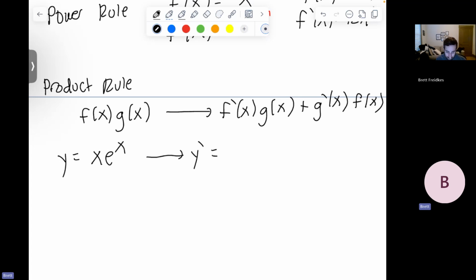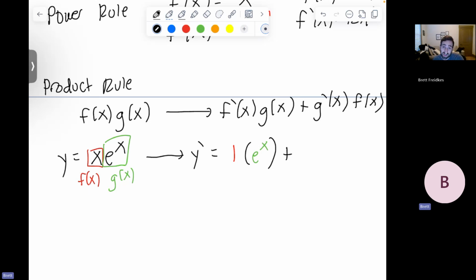Y prime will be the derivative of the first. And if we think about the first and the second, let's say that this guy is f of x and this is g of x. The derivative of the first is 1 times the second, which is going to be e to the x, plus the derivative of the second.